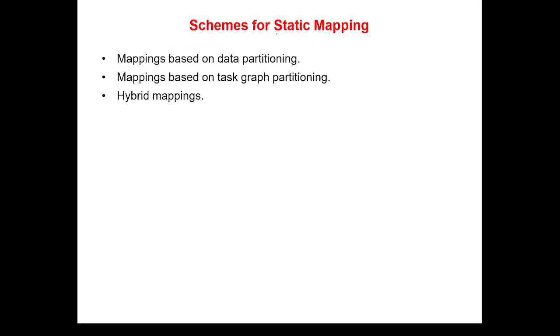Approach dalam static mapping ni dia ada dua, and then ada satu lagi hybrid. Satu ialah mapping based on data partitioning, satu lagi based on task graph partitioning, and ada combination of data partitioning and task graph partitioning.